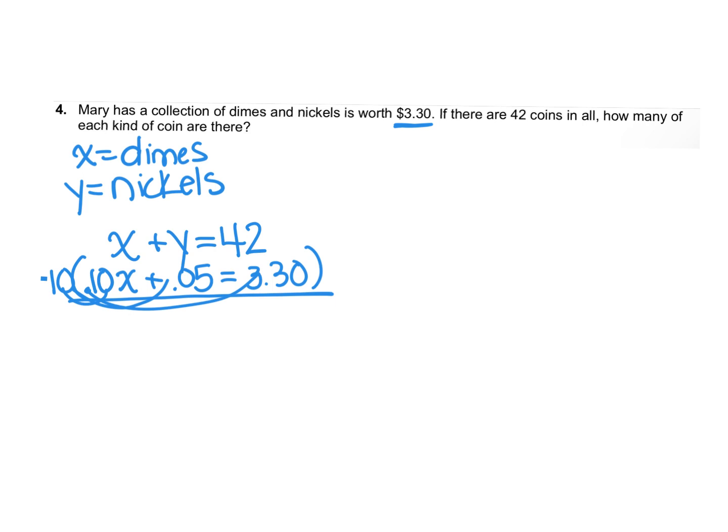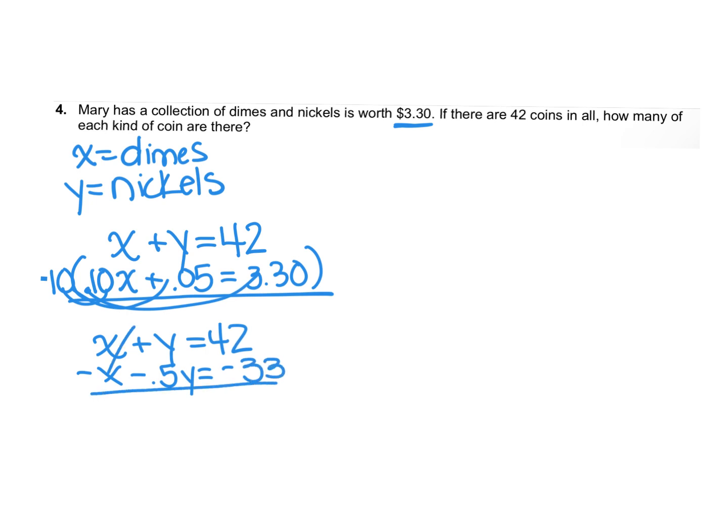So I'm going to have x plus y is equal to 42, and then I will end up with -x minus 0.5y, and that's going to be equal to negative 33.